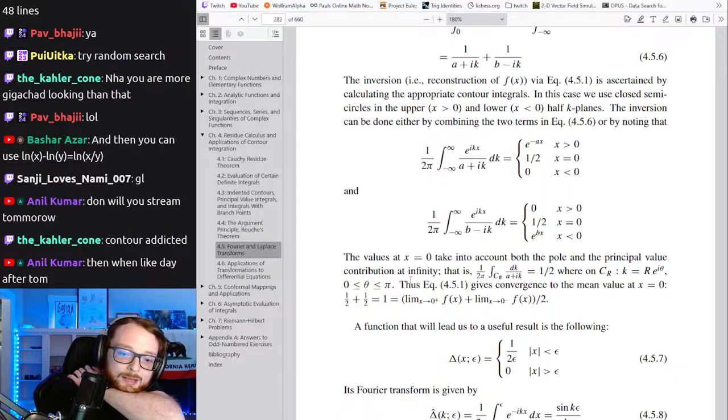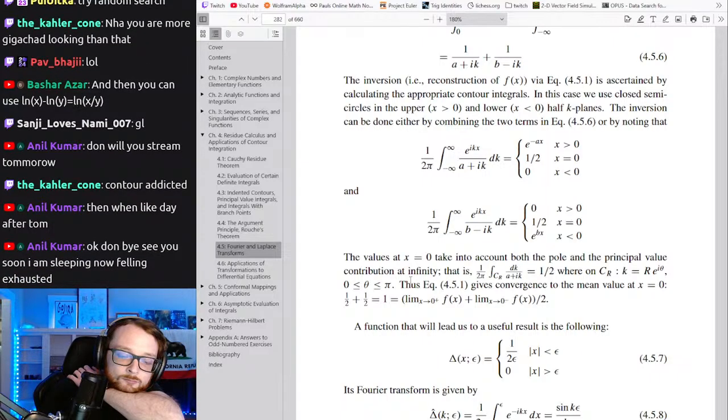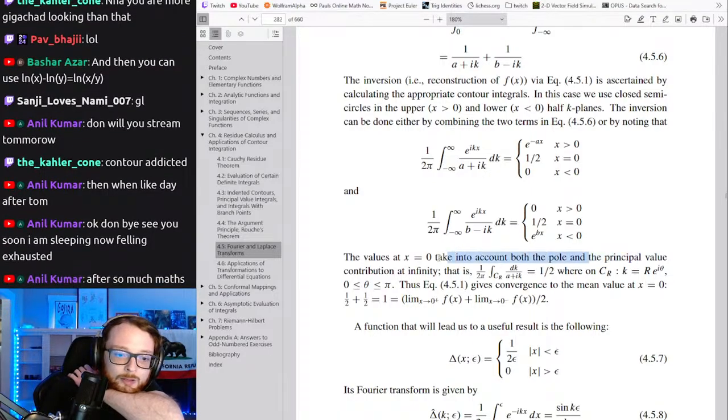Both the pole and the principal value contribution. What does the principal value contribute?